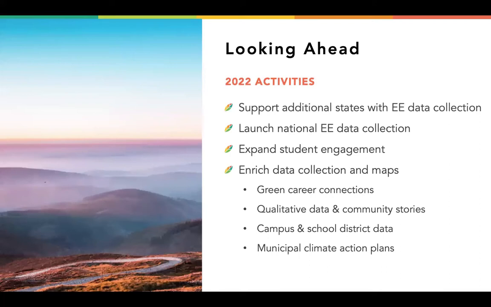We are partnering with school districts to map campus level data and be able to create reports for campuses and districts as a whole and share a strategic plan for climate equity and environmental education at the district level. And finally, we are supporting the work of offices of sustainability and municipal goals so that our GIS maps are connecting to the various climate action plans and pillars that various cities have.